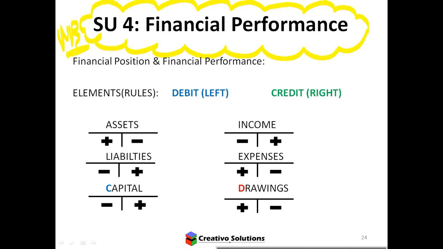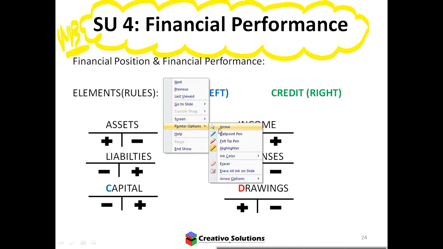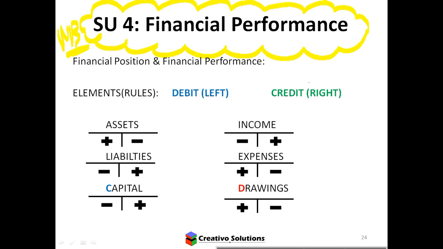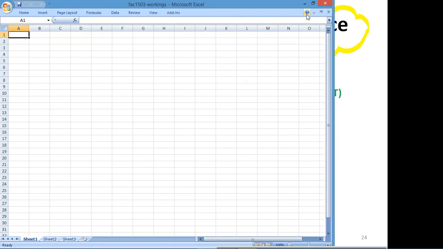If there's one page that you study well, it is this one. It's the rules. It looks quite complicated with all these pluses and minuses. So I'm going to give you something that I've seen students use in the past. Students have used this acronym to help them remember this rule.